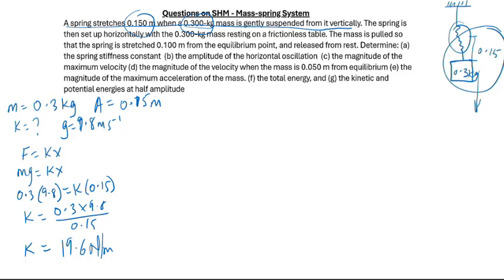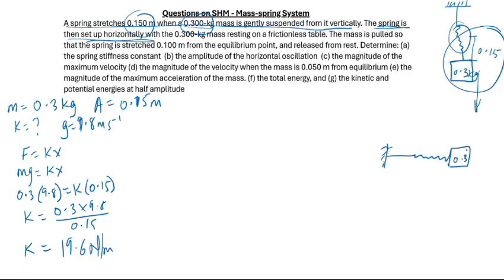Now that we have found our k, let's continue with the question. The question then says that the spring is set up horizontally. So it moves this way. Let's assume it is being set up like this, with that same mass 0.3.